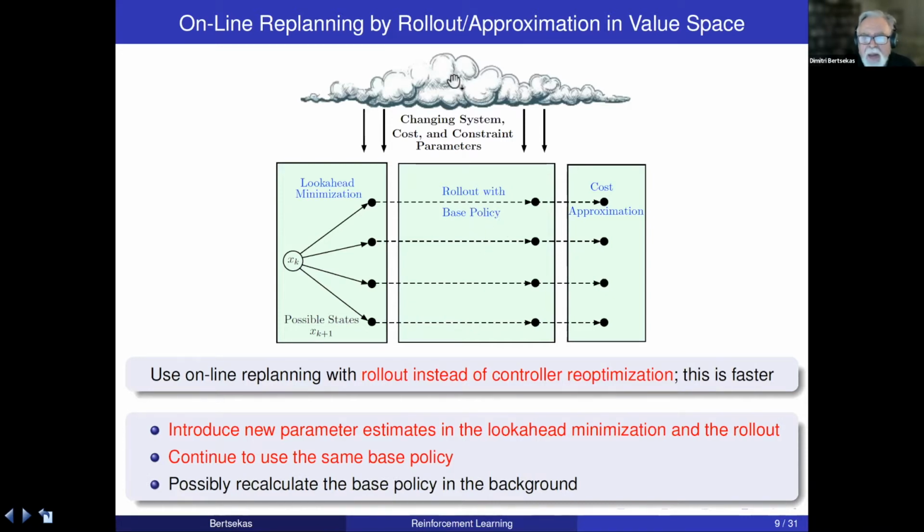So there are these parameter estimates that are given to this algorithm, and there's a base policy that's either given, some originally computed robust policy, or it is recalculated as we move forward. So here we're not doing re-optimization, full re-optimization, we're doing something suboptimal. And the question is, how much do we lose? So let me go into an example here.